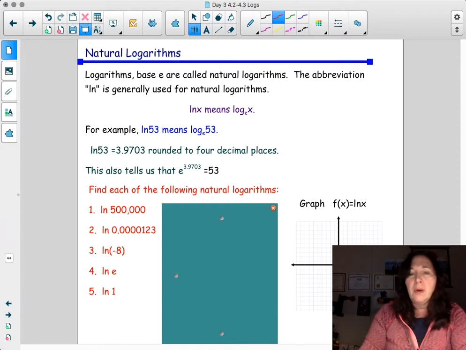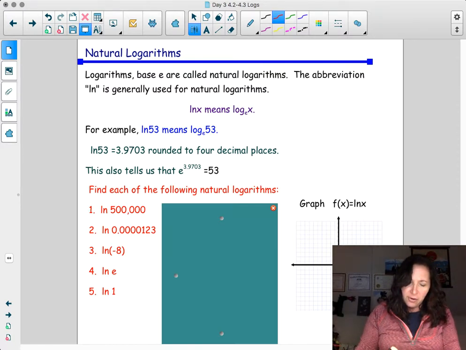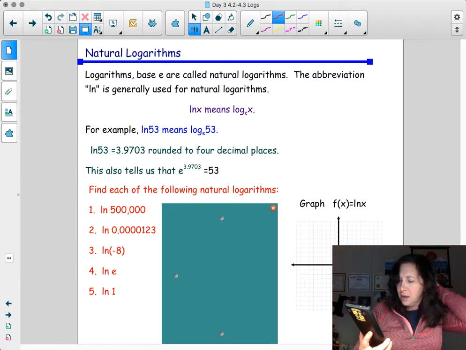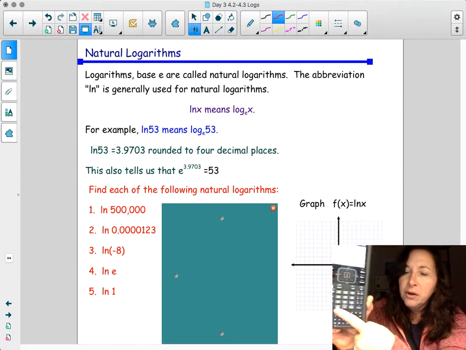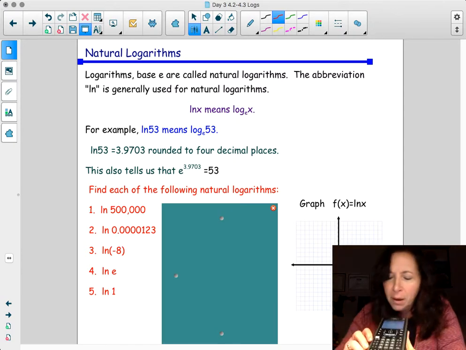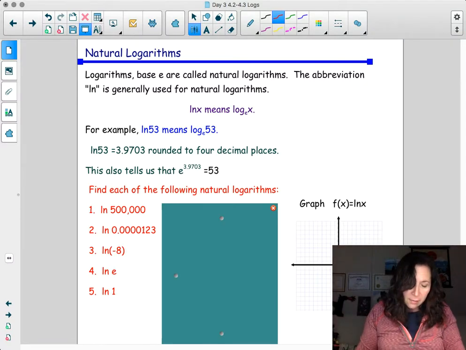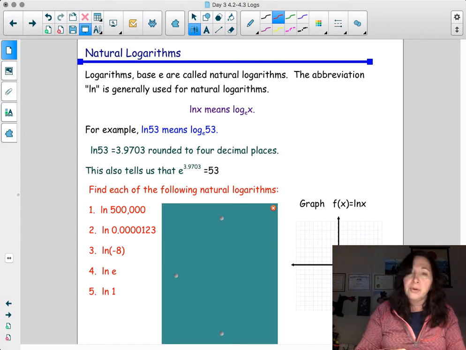Okay, so we also have something called a natural logarithm. And what I do want to talk to you about is on your calculator, under these buttons right here, you're going to notice that above the x, so if you were to look at your calculator and find the, let's say, x squared button, above that, you would see a square root.